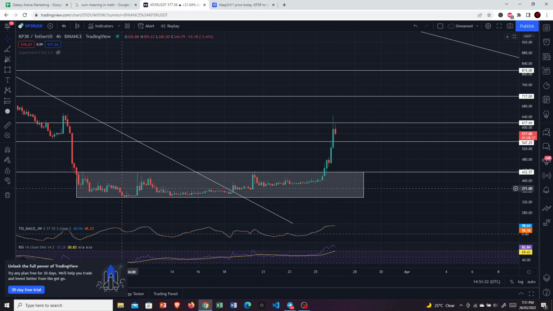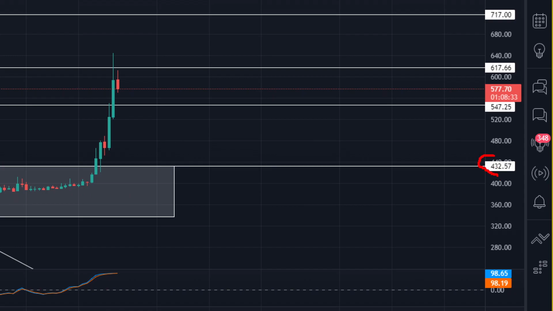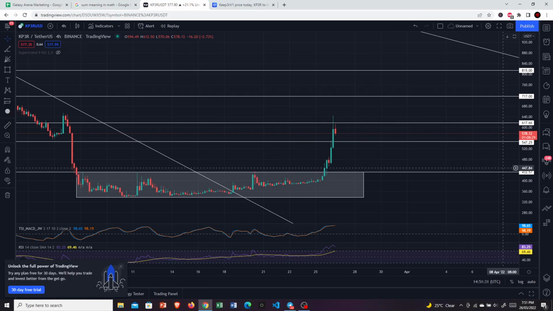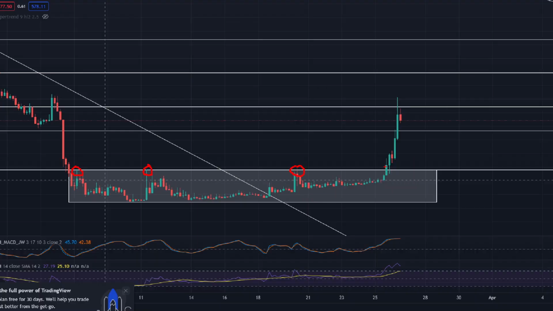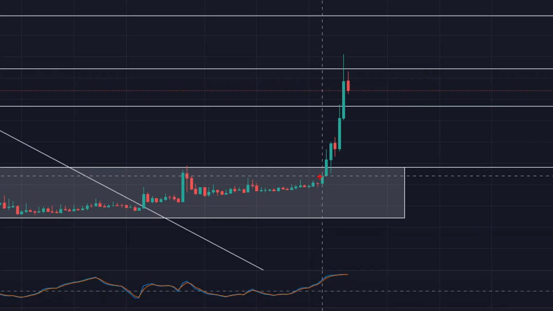As you guys can see, this was the key resistance for Keeper, 432.57. We tried once to break it, we failed. We tried for the second time, we failed. We tried for the third time and we failed, and we got successful at the fourth time, and Keeper went up 60%.